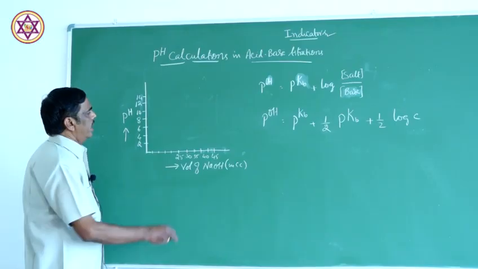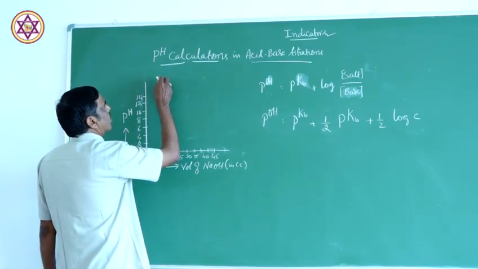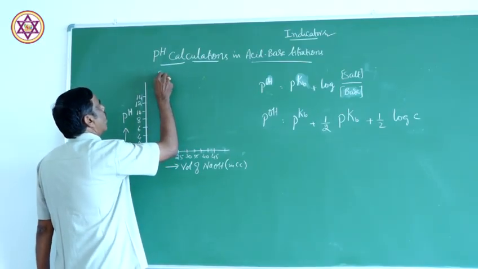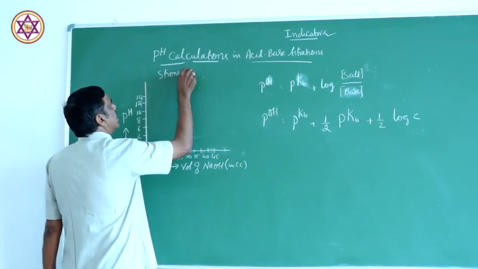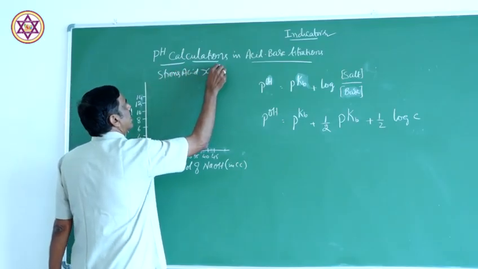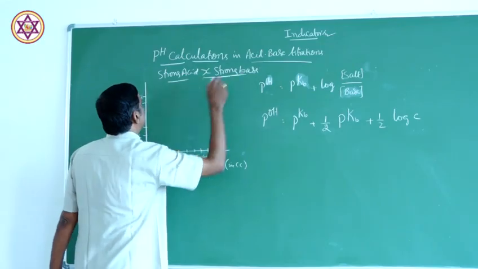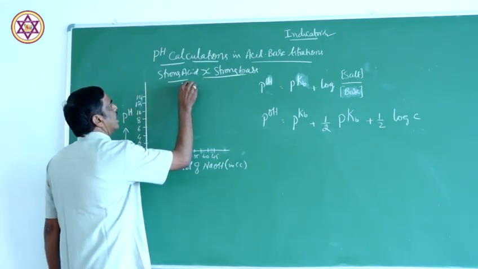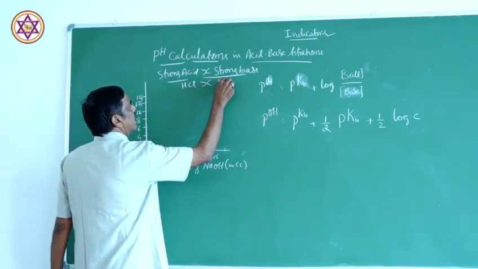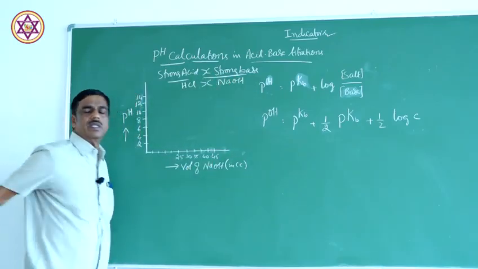First, let us take the titration of a strong acid versus a strong base. Example, for this strong acid, strong base, let us take titration of HCl versus NaOH.